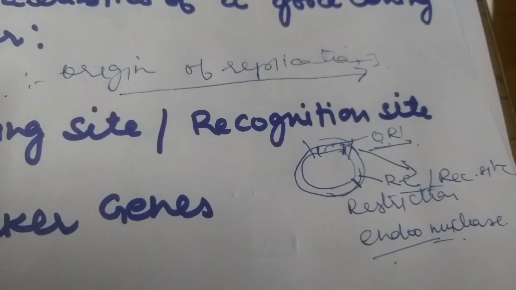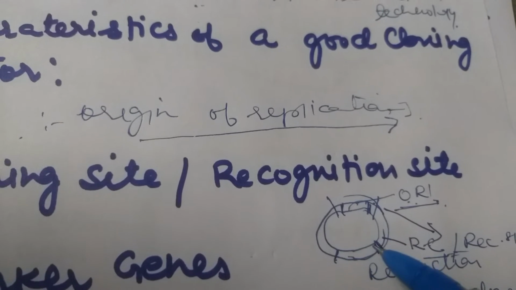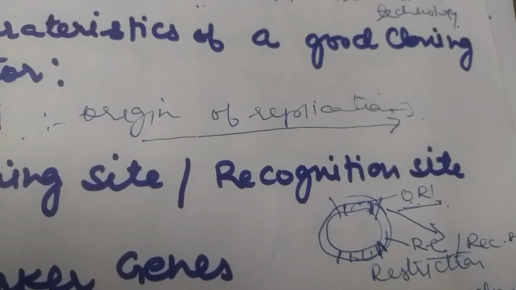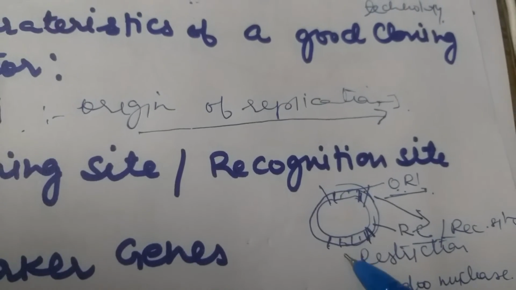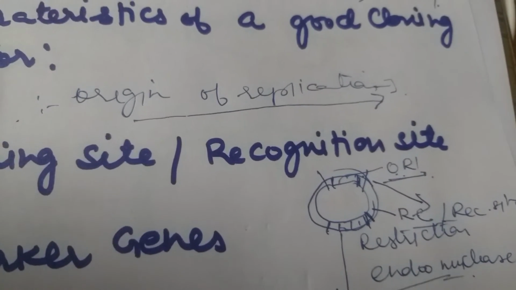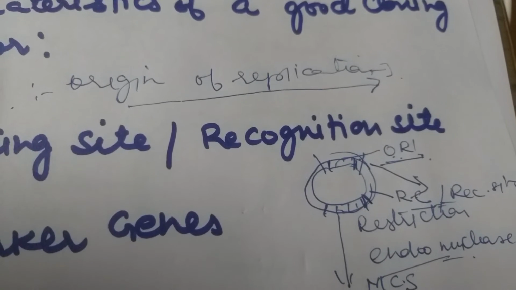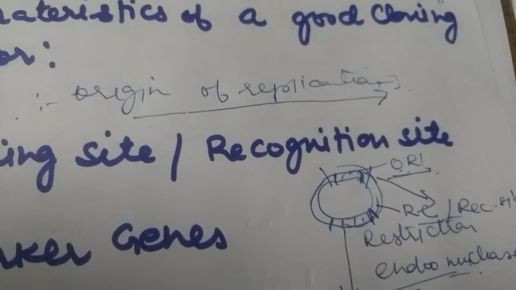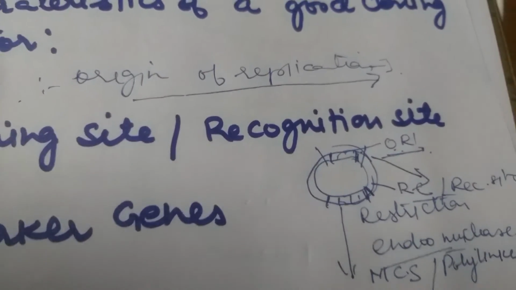Such a small area over the vehicle DNA, recognized by, say, three or four restriction endonucleases, is called MCS, that is, multiple cloning site, also called a polylinker.